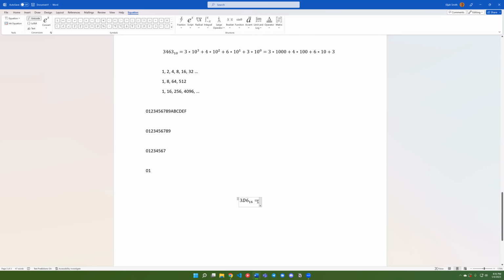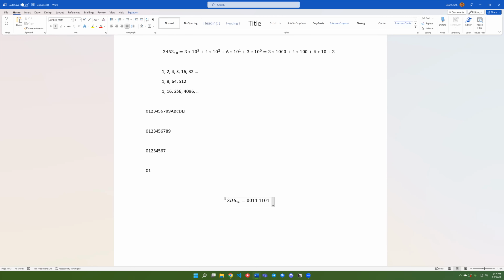So 3 represented in binary, and for hexadecimal, every digit is represented by 4 binary digits. So 3 is represented by 0011. This is a 1 in the ones place, a 1 in the twos place, and then 4 and 8 are zeros. So this is 3. And then our D translates to 10, 11, 12, 13. So we can represent 13 with an 8, a 4, no 2, and a 1.